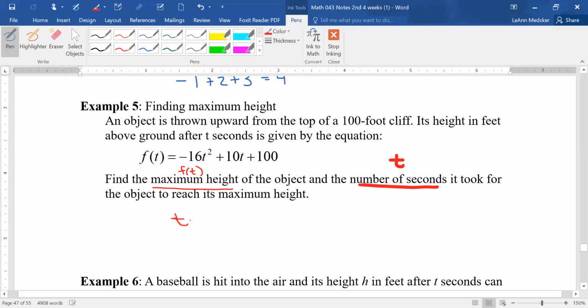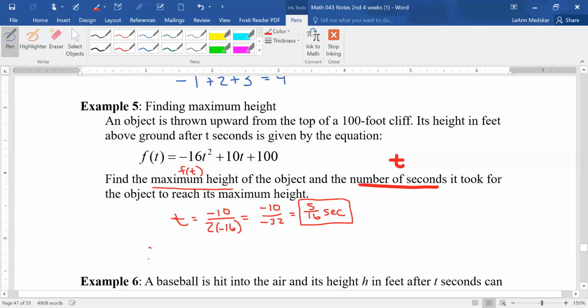So this would be t instead of x equals negative 10 divided by 2 times negative 16. So that's negative 10 over negative 32. We'll reduce that fraction, divide it by 2. That's 5/16. And this is being measured in seconds. So it took 5/16 of a second for this object to reach its maximum height.